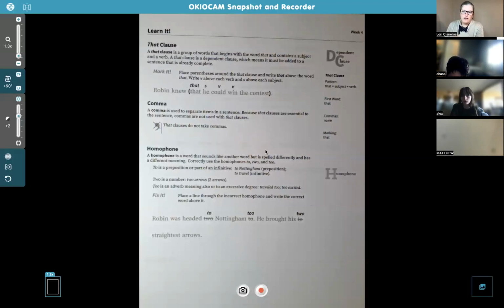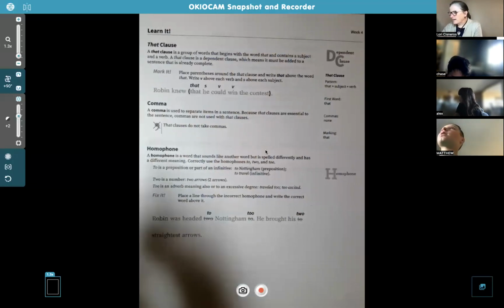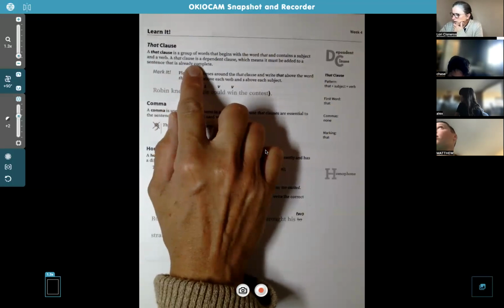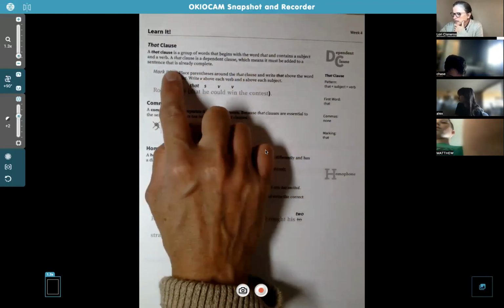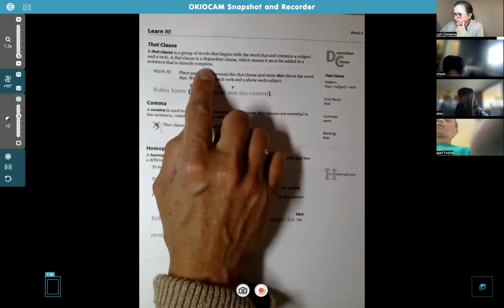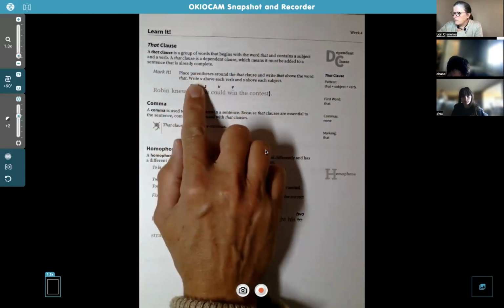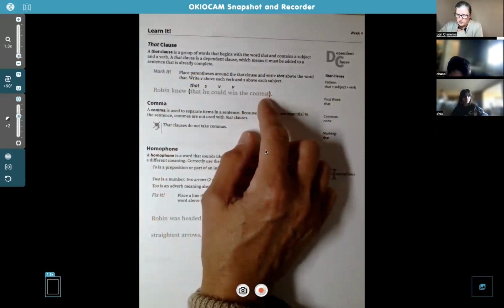That clause is pretty easy to identify because it starts with the word that. So it's like a duh, that's the that clause, right? You see the word that, and it contains a subject and verb. It is a dependent clause, which means it can be added to a sentence that is already complete. It must be added to a sentence that's already complete. So you're going to mark it with parentheses like this.